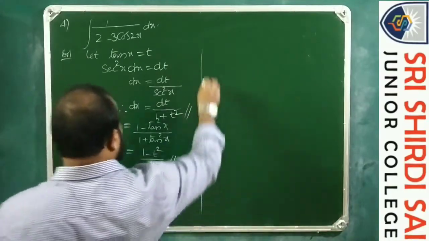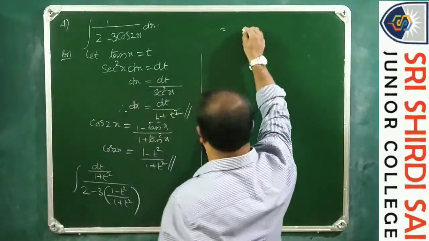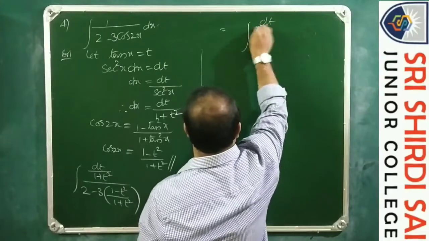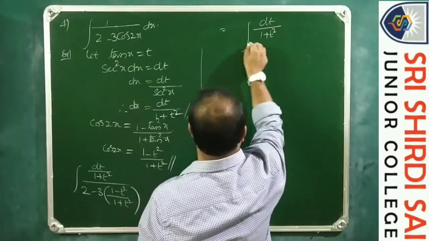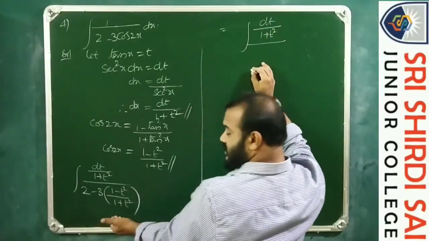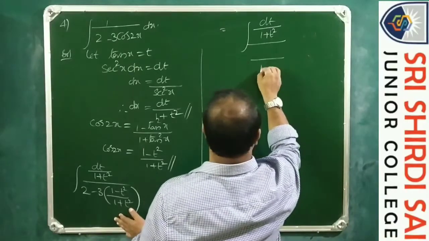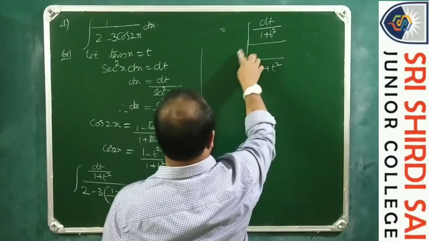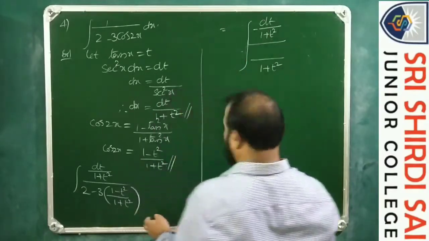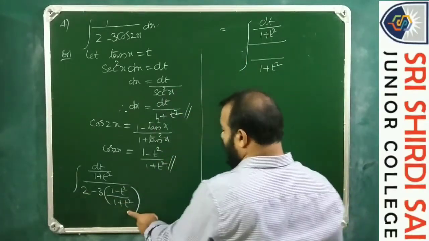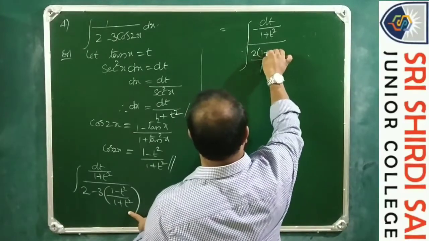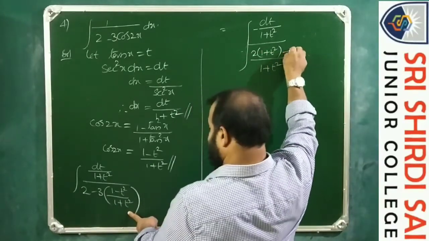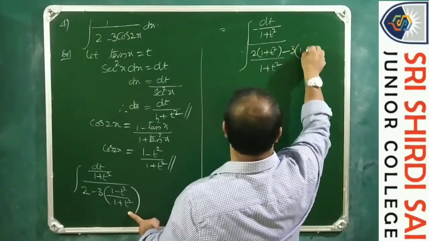This equals integral dt by 1 plus t square by, here LCM is 1 plus t square, so 2 into 1 plus t square minus 3 into 1 minus t square.